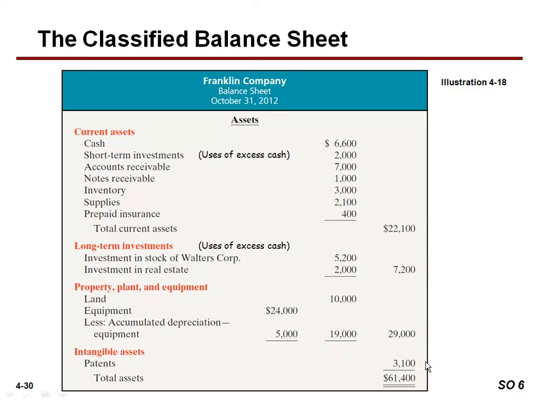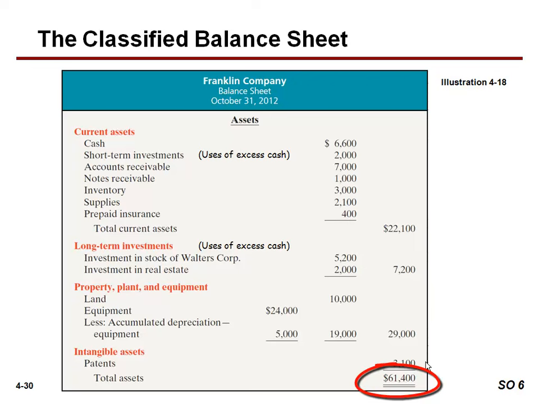To illustrate a classified balance sheet, we're looking at an example out of the chapter, illustration 4-18. This is not the same Pioneer Advertising Agency set of financial statements that we looked at just previously. But what I want to show here is that Franklin Company had a total asset position at the end of October of $61,400.